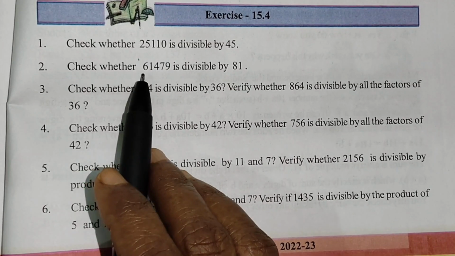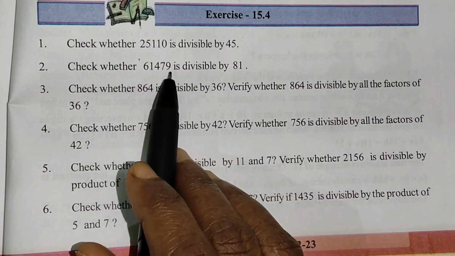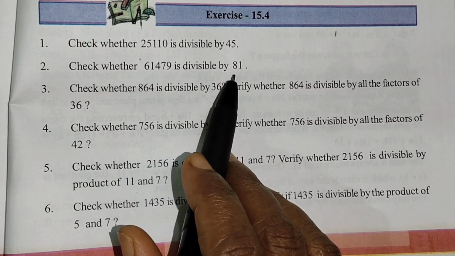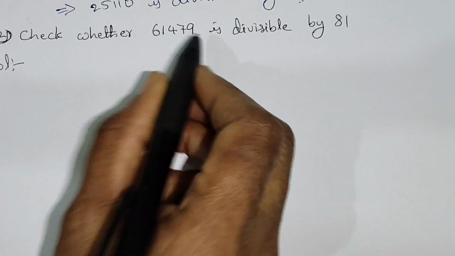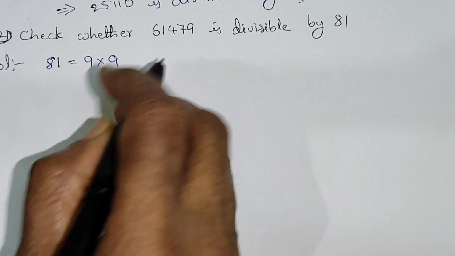Second one: check whether 61479 is divisible by 81. We check this one. Here the given number is equal to 61479. So here 81 equals 9 nines are 81.